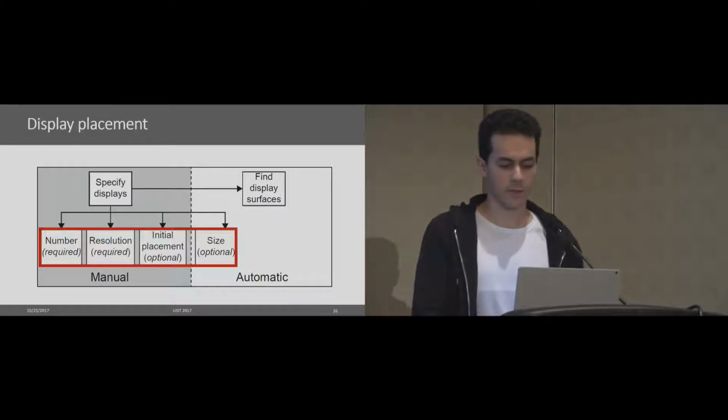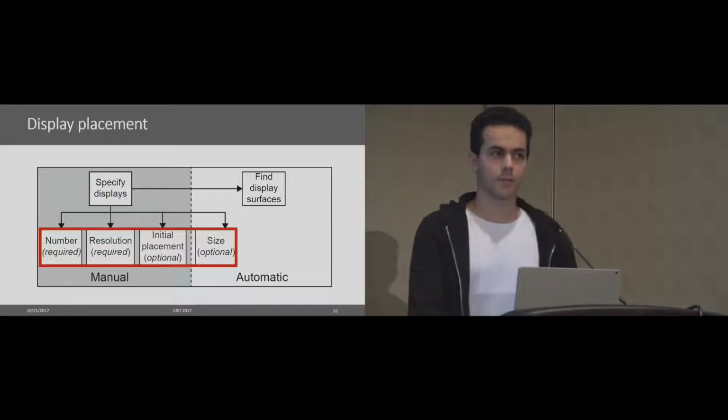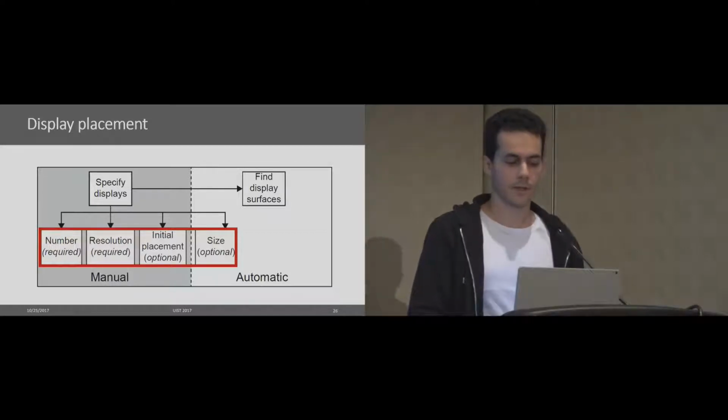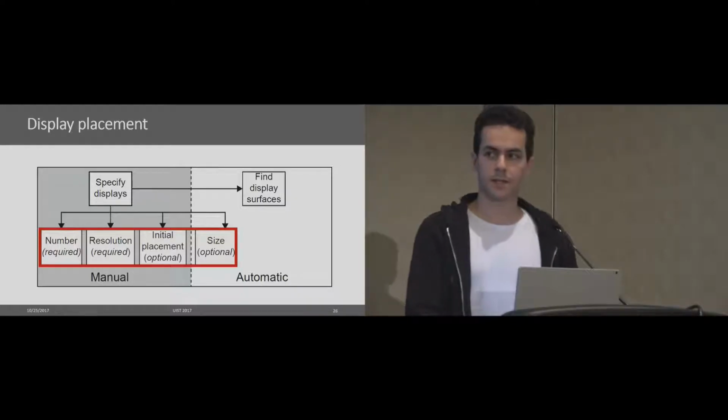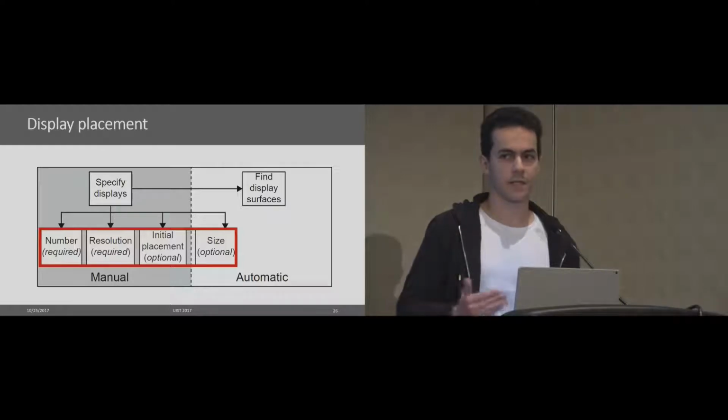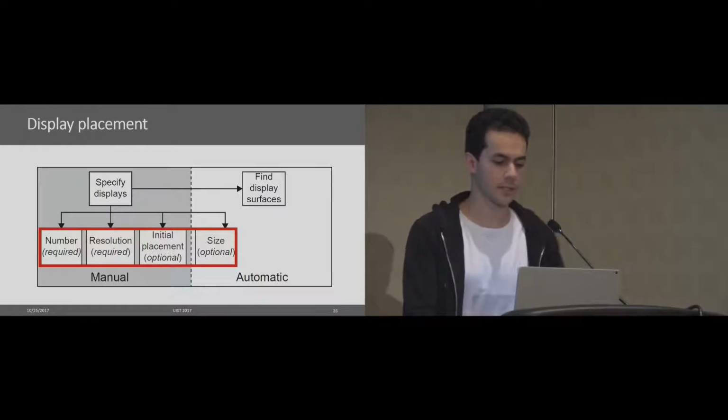Optionally, the installer can try out some initial positions for the displays. And optionally, the size can be fixed, or it can be delegated to the optimizer to optimize the size of the display, if that's a degree of freedom for the installation.